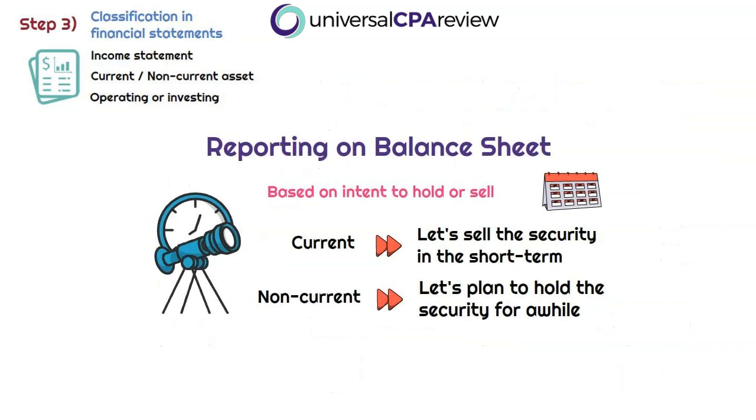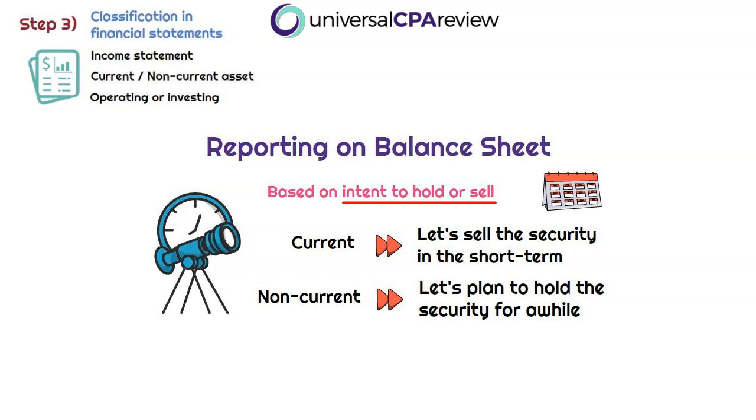And then when it comes to the balance sheet, it can be reported as either a current asset or a non-current asset. It really depends on the company's intent to hold or sell this thing, right? If they buy it and they have the intent to sell within 6 months, that would be pretty short term, and they would likely classify this as a current investment.